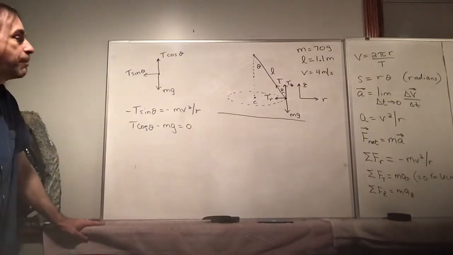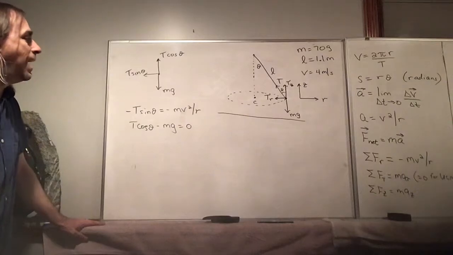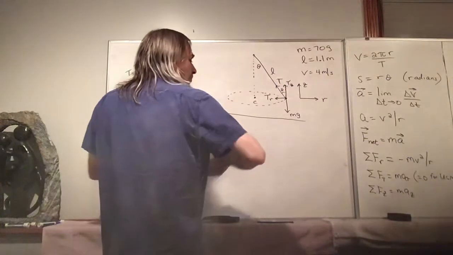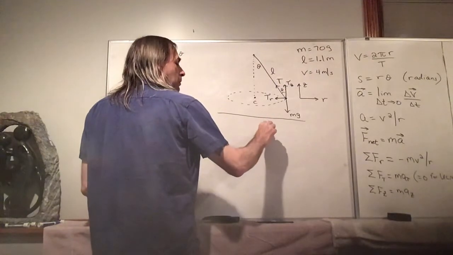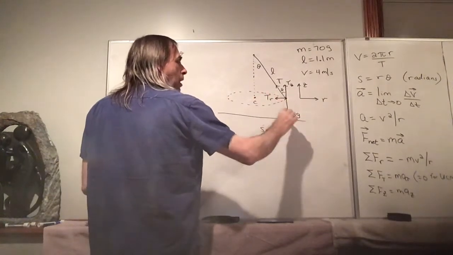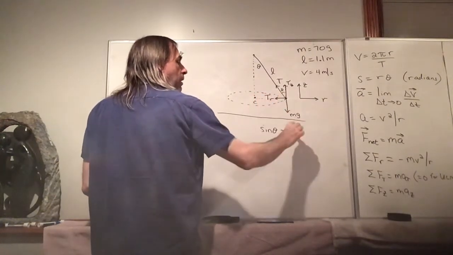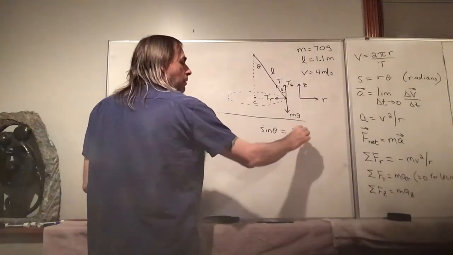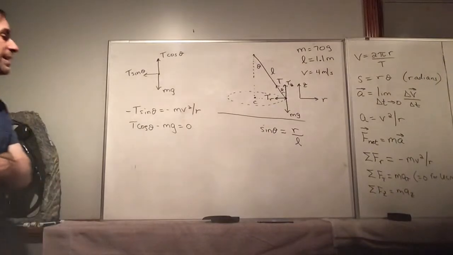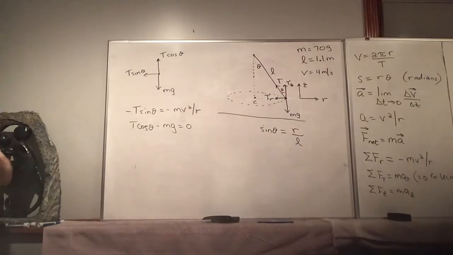But again, we set up the problem. Now the thing is, we don't know what r is. We know from this triangle here, sine of theta would be r, the radius of the circle, over L. So sine of theta is r over L. And let's see what we can do with this.